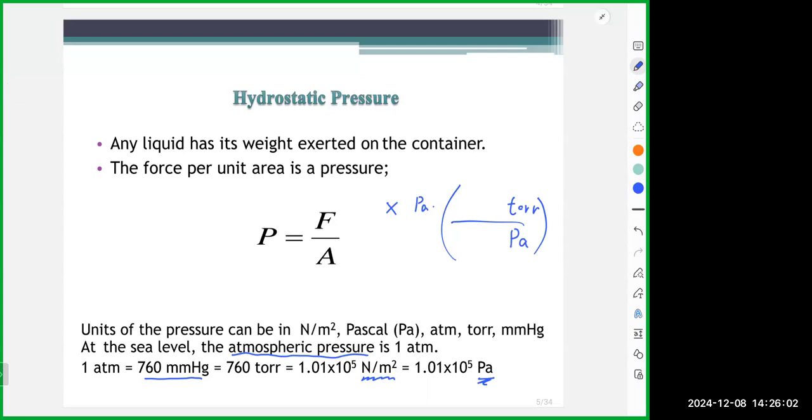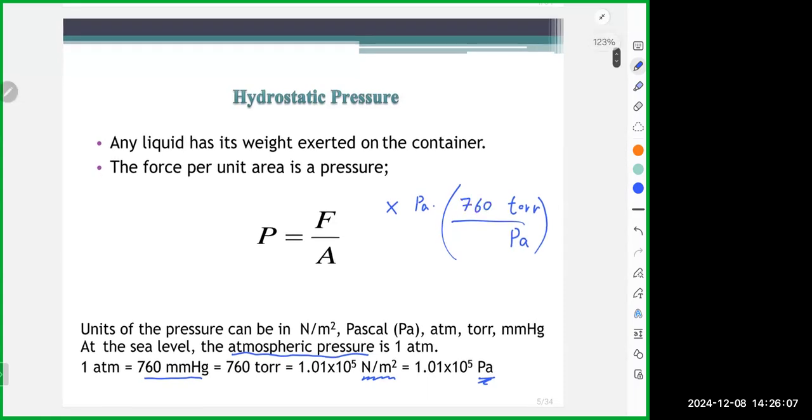For example, the relation between the units torr and Pascal is here: 760 torr and 1.01 times 10 to the 5 Pascal. So the unit will be cancelled and leave just torr. The rest is about the calculator. So you just input the number, and that's it.